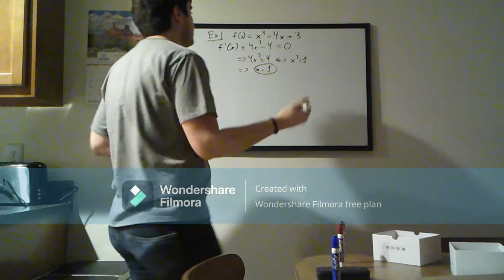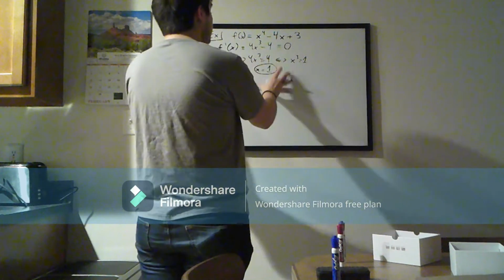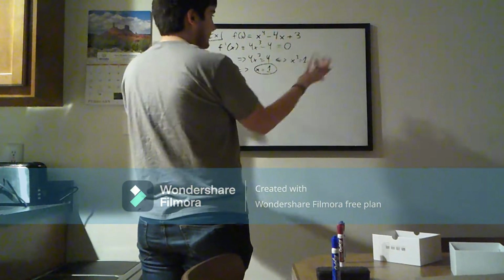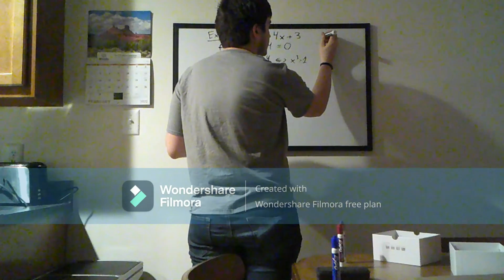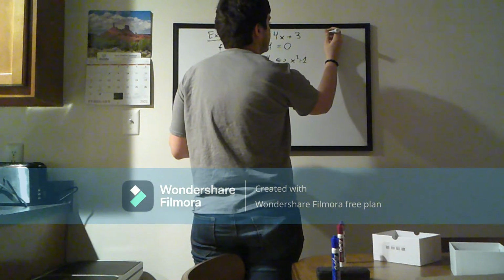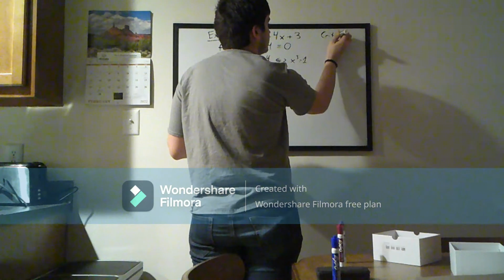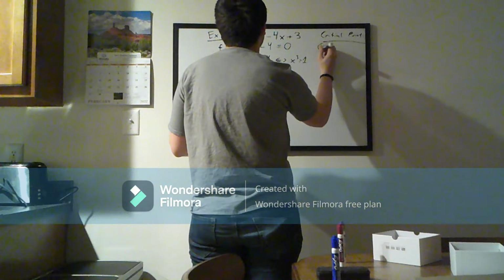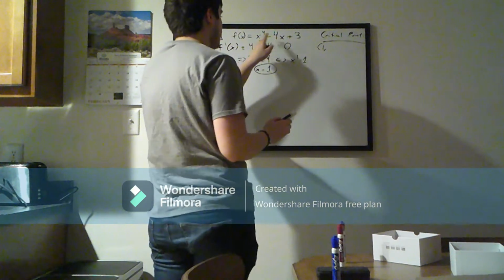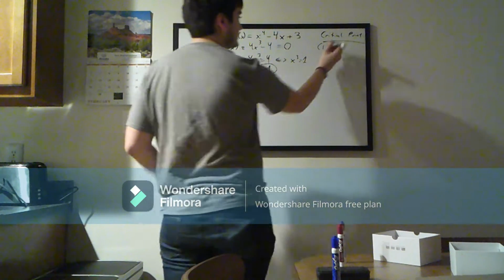So from here, we can figure out what the value is. So we have a critical point, which is going to be the point 1 and 1 minus 4 plus 3, that's 0.